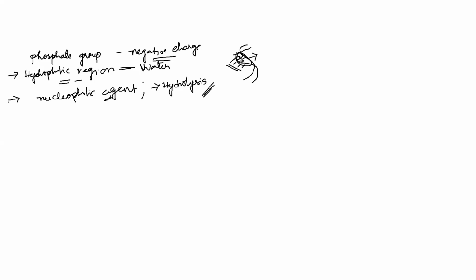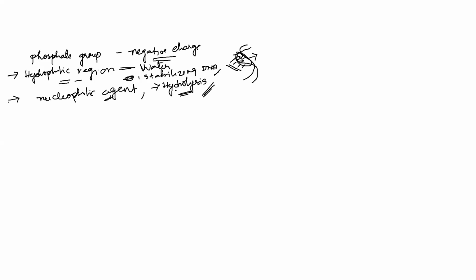This is one of the points which helps in stabilizing the DNA double helical structure. Also, there is less chance of nucleophilic agents attacking, which is nothing but being less susceptible to hydrolysis.